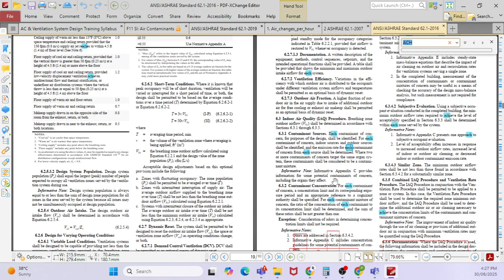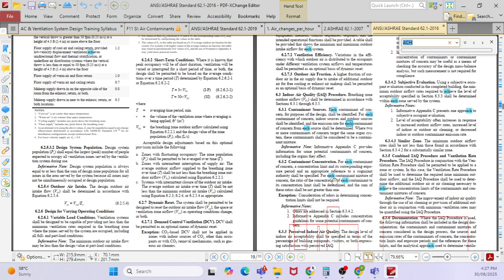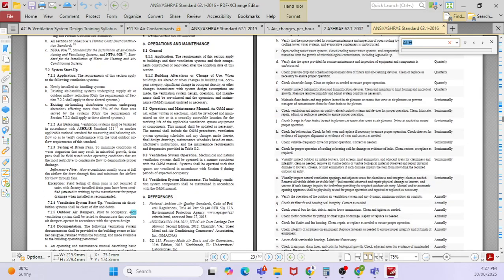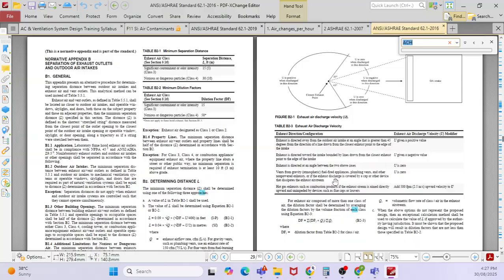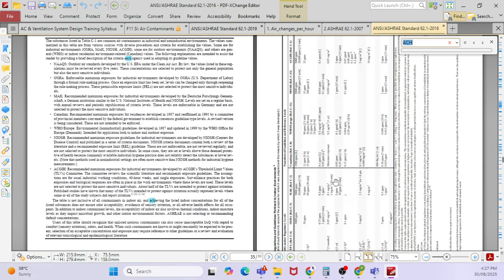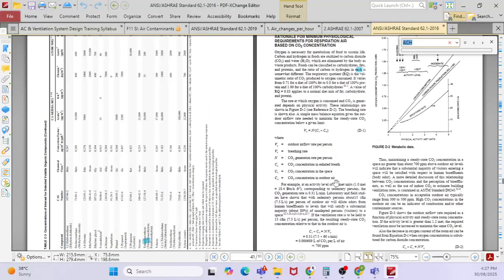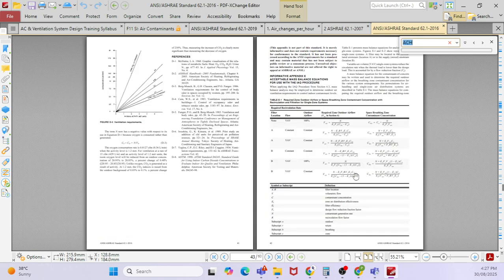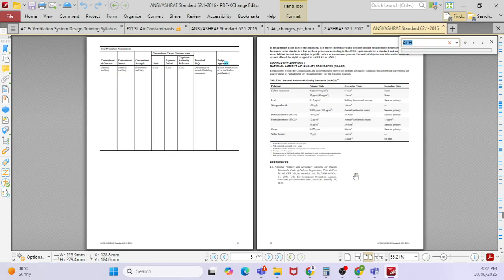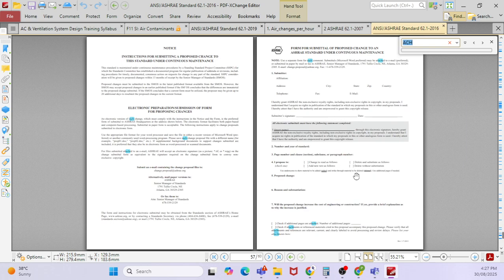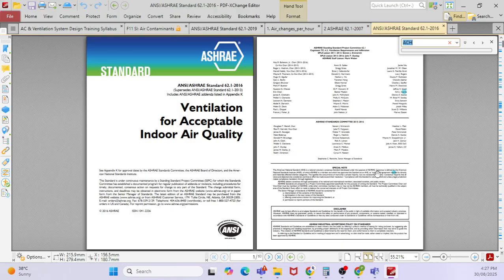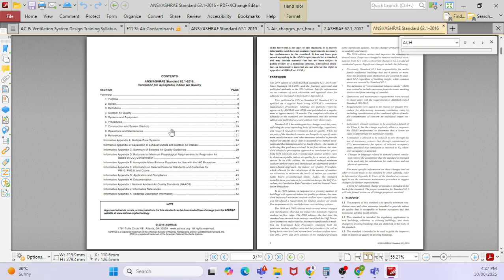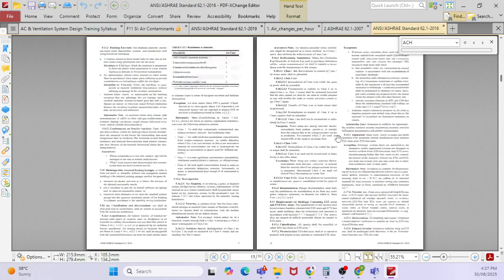There are different contaminations, and you will also use the air change per hour method to provide proper ventilation, and you will also use the 62.1 standard, depending upon the applications.